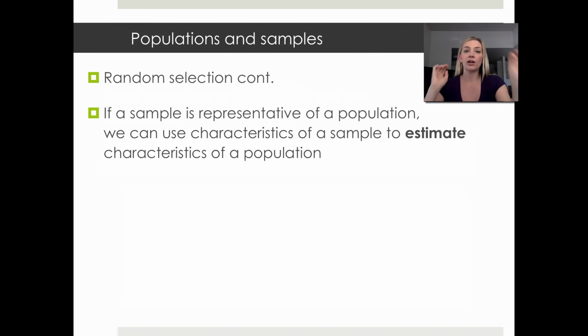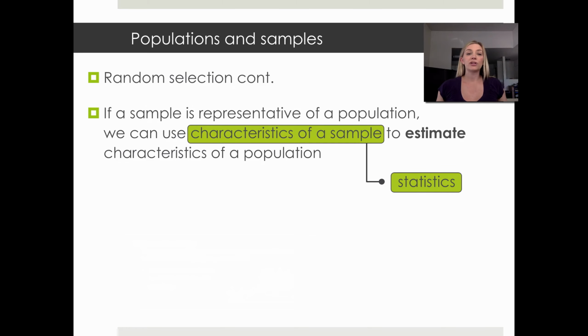Now, information about samples is different from information about populations, and there are different words to describe both of those sources of information. Information about a sample is referred to as statistics. So whenever we have some number that describes a sample, that number is called a statistic.